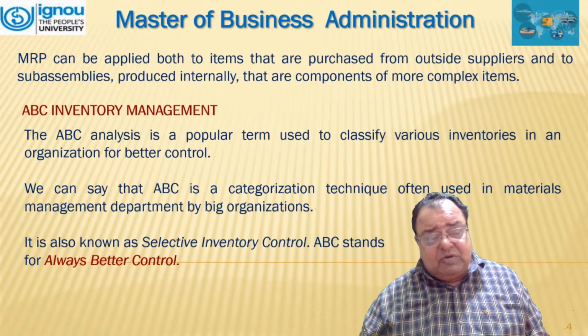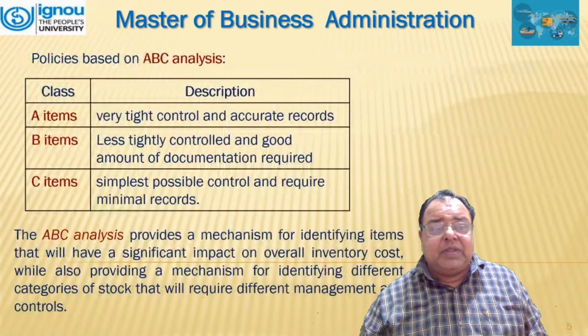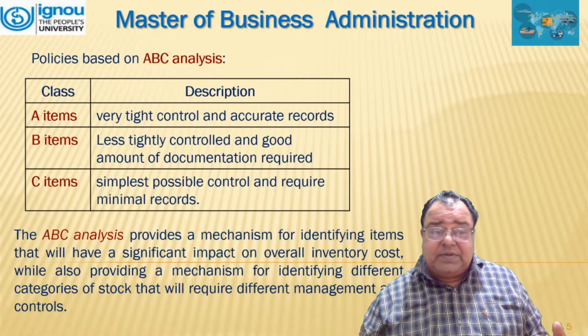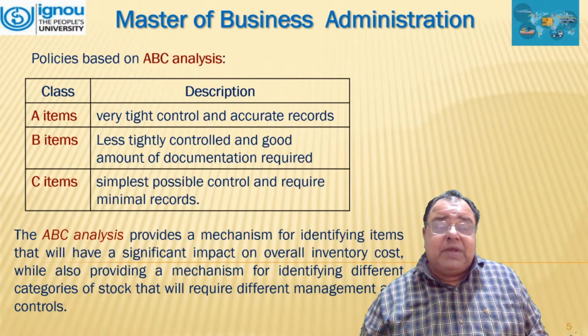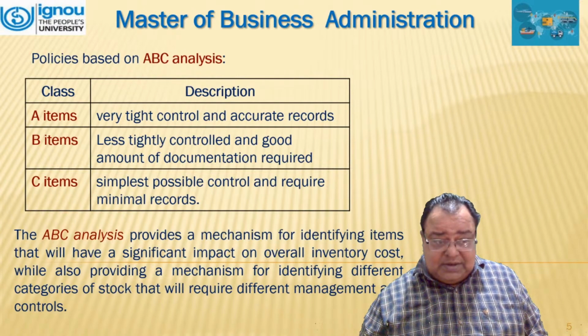It is also known as selective inventory control. ABC stands for always better control. What are the policies based on ABC analysis?